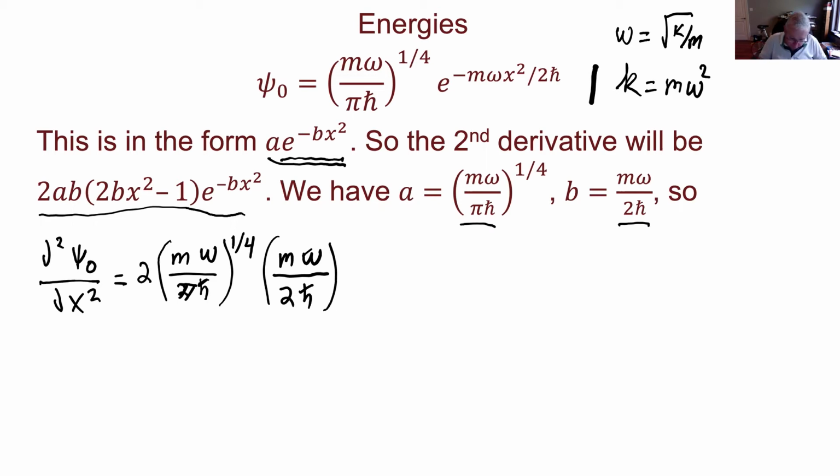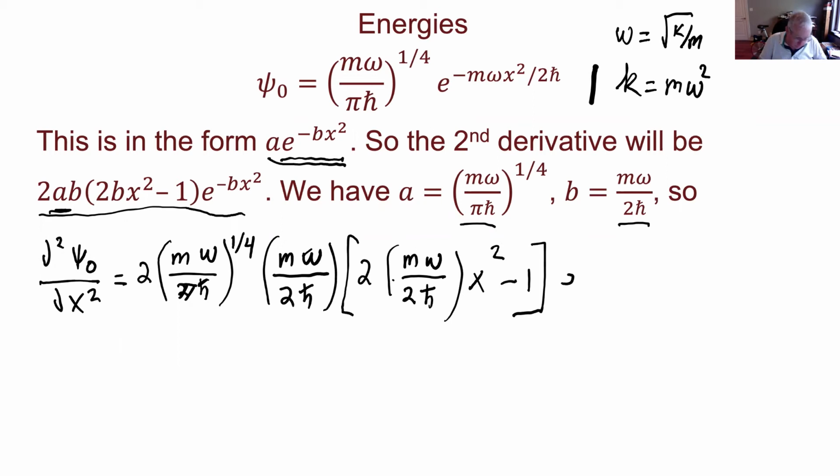That's my 2AB, the piece in front. Then I've got the next one: 2 times m omega over 2h bar, times x squared minus 1. Then I've got e to the minus m omega x squared over 2h bar.